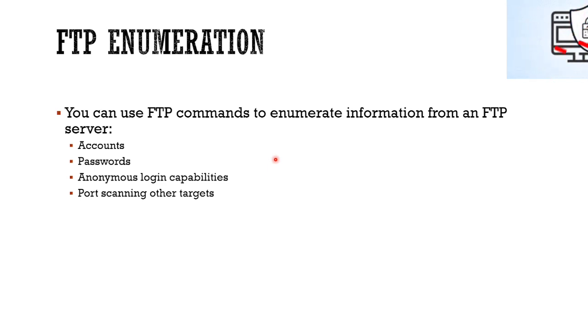You can even bounce commands off of an FTP server to, say, port scan internal targets. So what are some of the tools we can use? We could use netcat or telnet to banner grab from an FTP server, find out what kind of FTP server it is, what version.